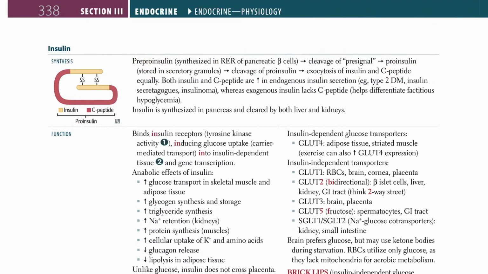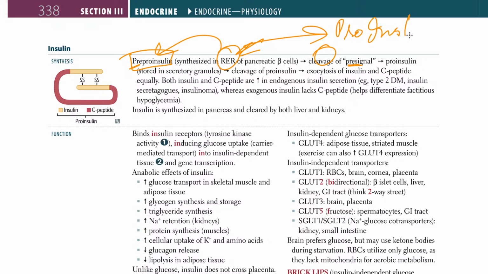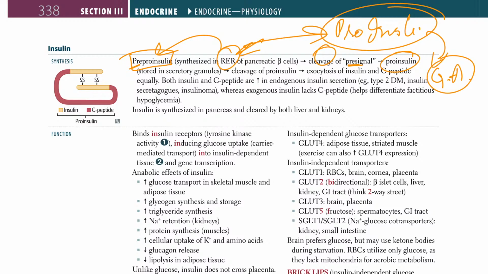Let's put it one more time here. Simple. In the RER, we said it's very high yield, we're talking about pre-proinsulin, right? There was a cleavage of this pre-signal within the RER. When it goes out of the RER, it's going to be just a proinsulin. This proinsulin goes into the Golgi apparatus, and the Golgi apparatus is going to pack this proinsulin into secretory granules.